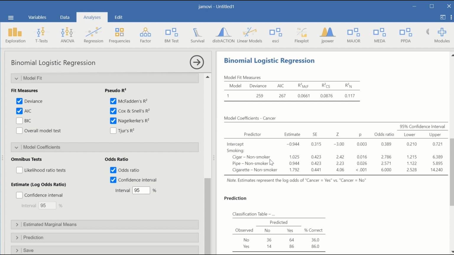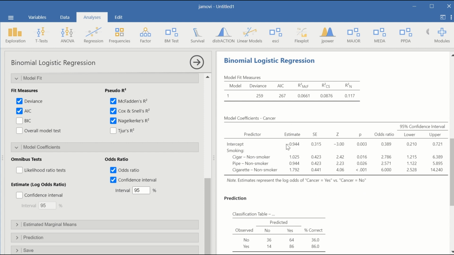So cigar is compared to non-smoker, pipe to non-smoker, and cigarette to non-smoker. Looking at the footnotes here, those who have cancer are given yes, and those who have no cancer, no. So here we are looking at the possibility of developing cancer.